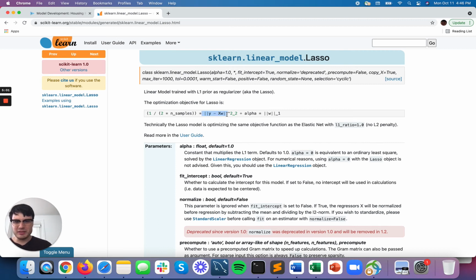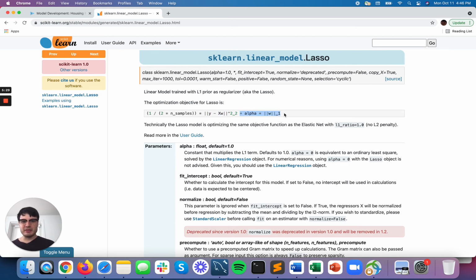So we take the difference, take the square, that is our mean squared error, and that's the objective we're trying to optimize for. So we want to minimize the difference between what the model should predict and what it actually predicts. Ideally, there wouldn't be any difference, so we get a 0. Anyways, that's regular linear regression.